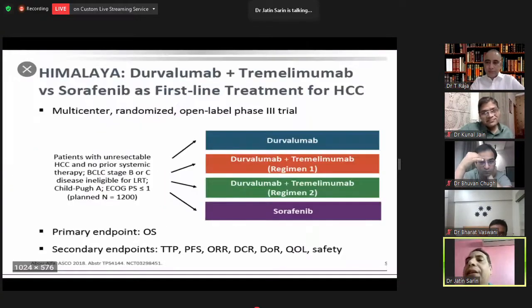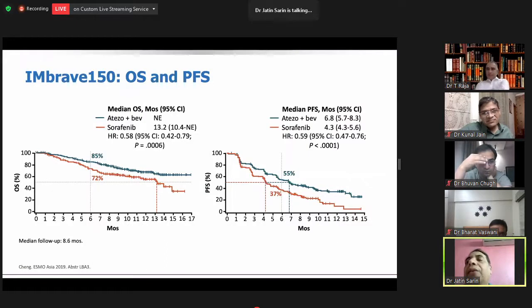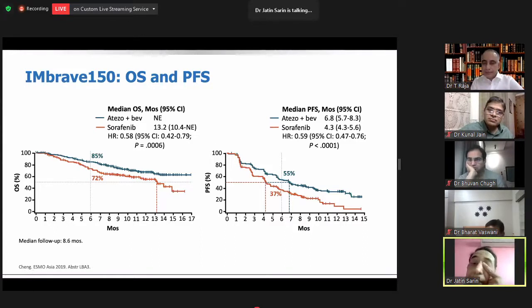Practically in our setup, frankly speaking, I think only 1 to 2% of patients are able to. One is the cost constraint, and second is the varices part. We have to be really careful in using this particular combination with gastric varices, because despite banding and all, we have seen problems in some.